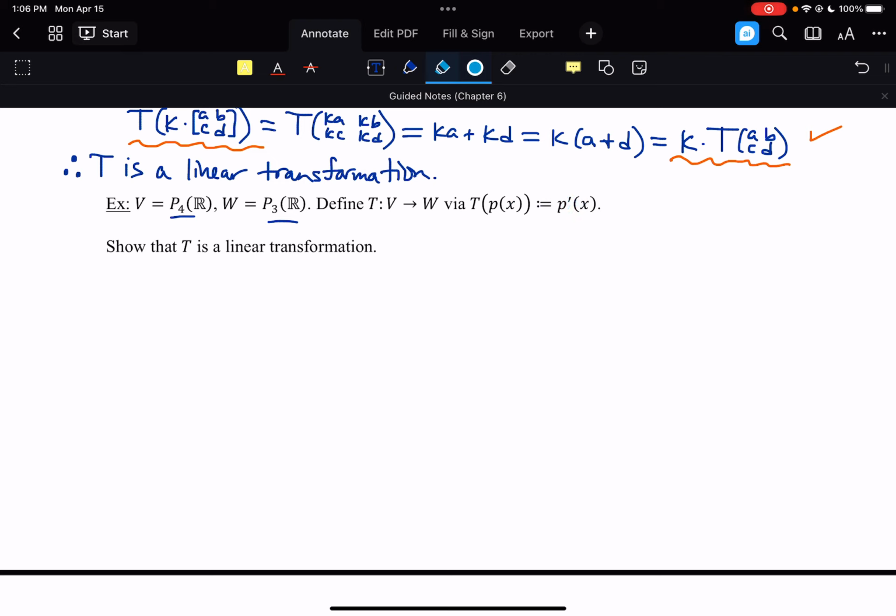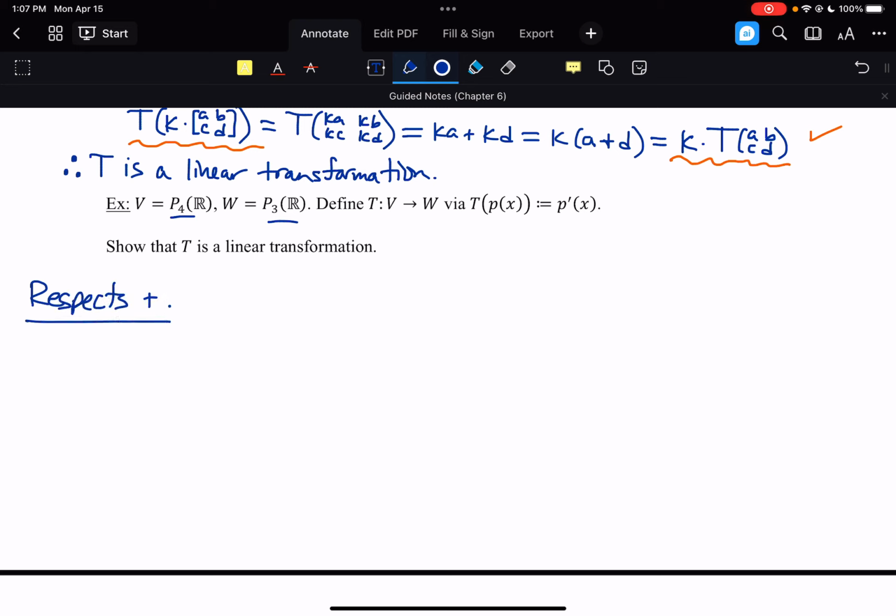So we're turning a 4th degree polynomial or less into a 3rd degree or less by taking its derivative, right? And if you think about it, if you take the derivative of x to the 4th, that's 4x cubed, so the power does go down by 1. So hopefully, intuitively, this should make sense that it should work. So let's check it.